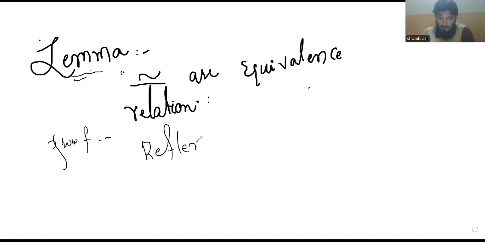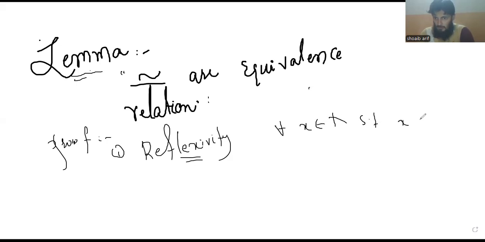What is reflexivity? Reflexivity means for all x belonging to X, x is related to x. In the case of homotopy, we have to prove f is homotopic to f.